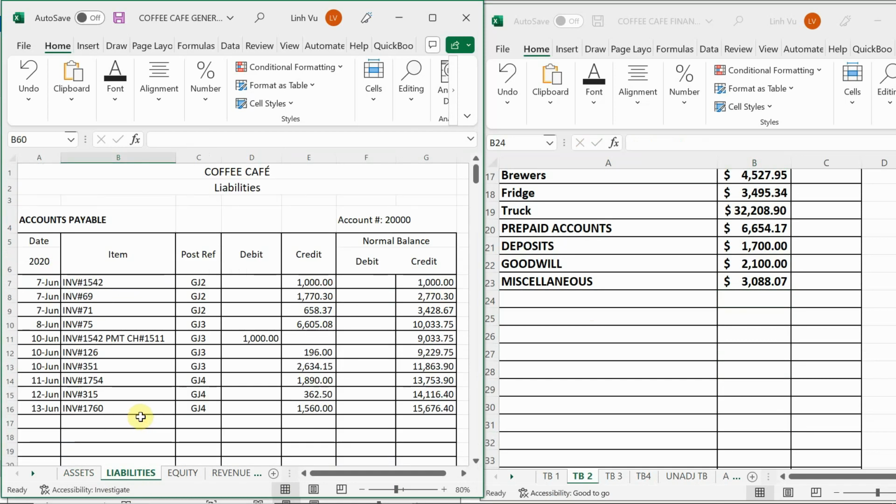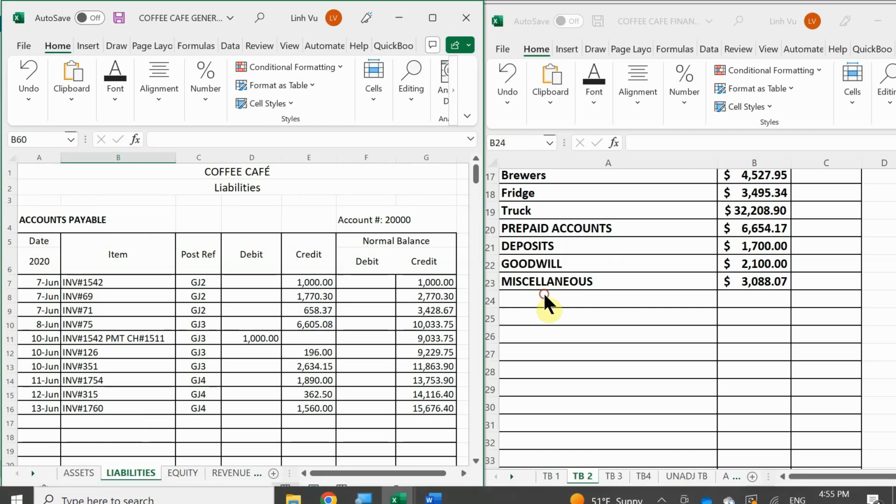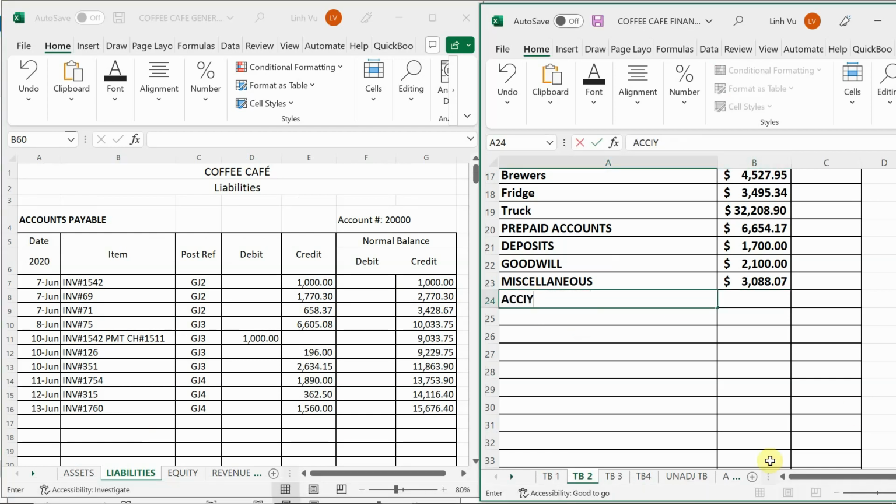Okay? Liabilities, once again, right? We have definitely account activity in my accounts payable account, for a total credit balance of $15,676.40.